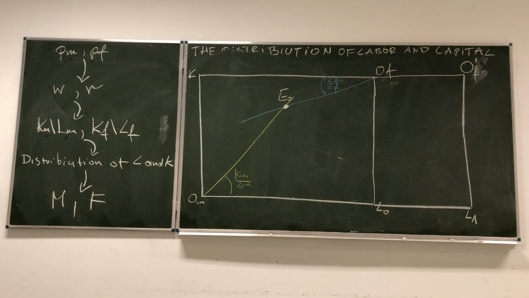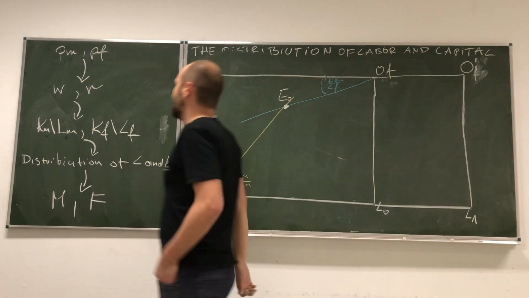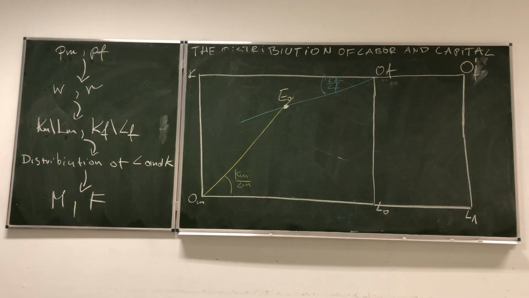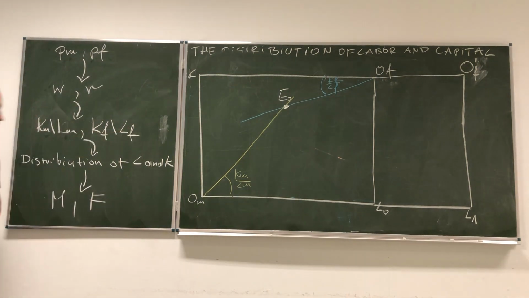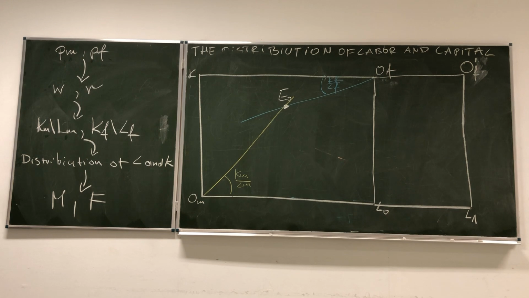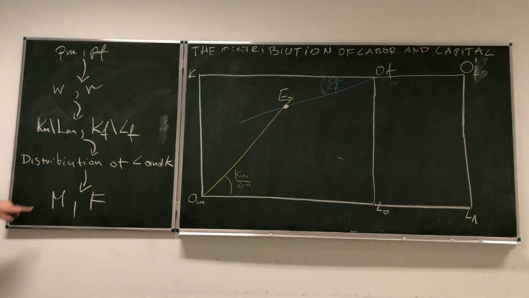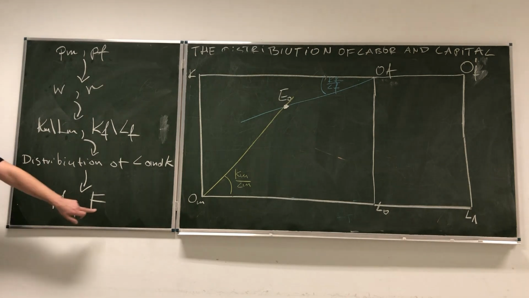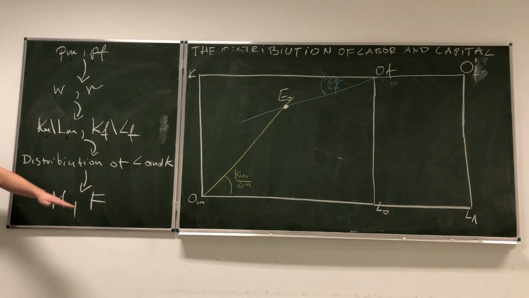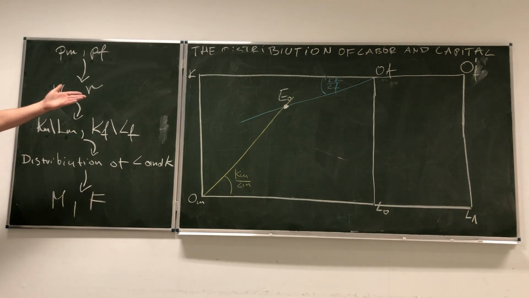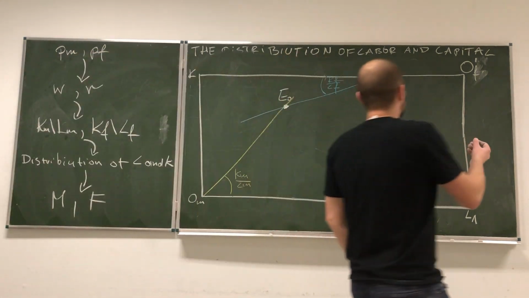Okay, but we've got more labor, while prices of manufacturers and food are the same, which means that wages and rents are the same, which means that optimal ratios are the same. So, all I gotta do to find the new distribution of labor and capital and the level of production of manufacturers and food is to draw a new line from the origin.